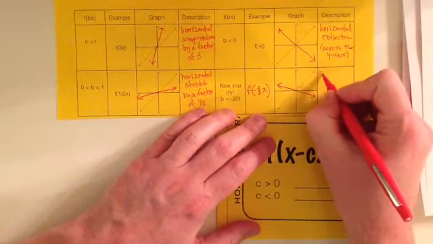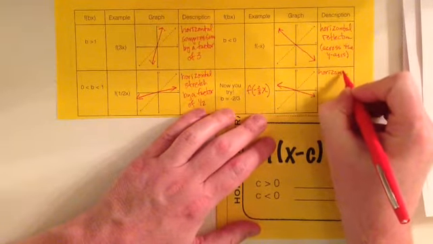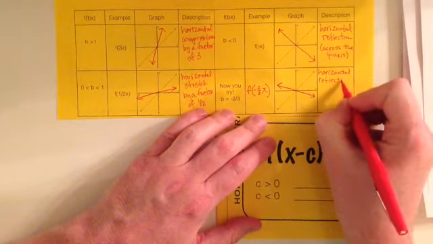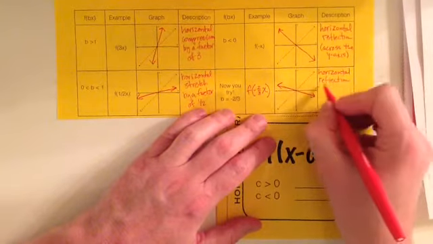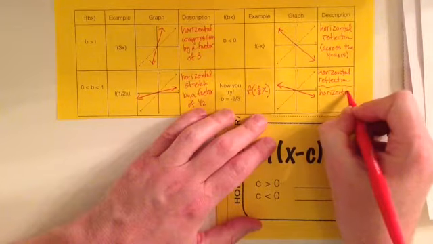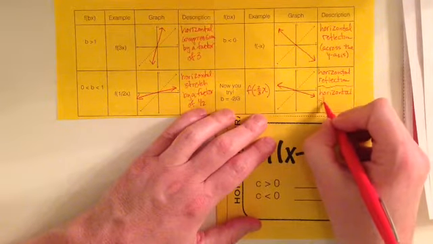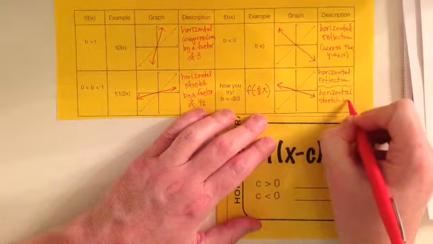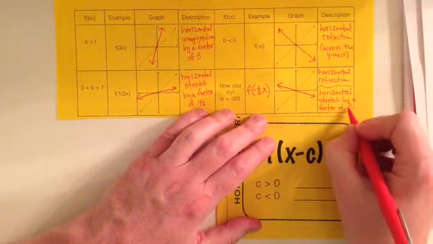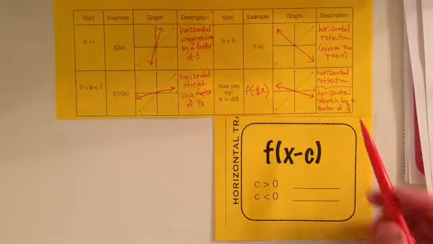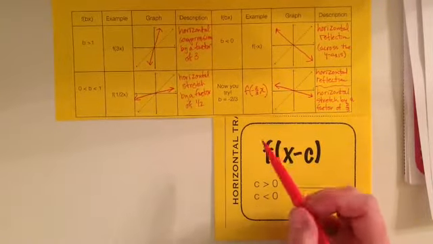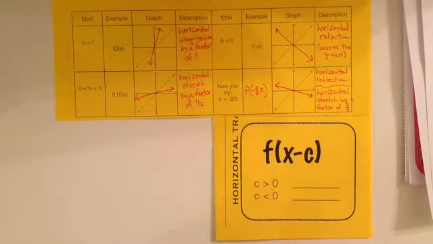So we call this a horizontal reflection and a horizontal stretch by a factor of 2/3. Now remember, the factors of stretching and compressions don't include the negative. It's just the value of the number. The negative has to do with the reflection.